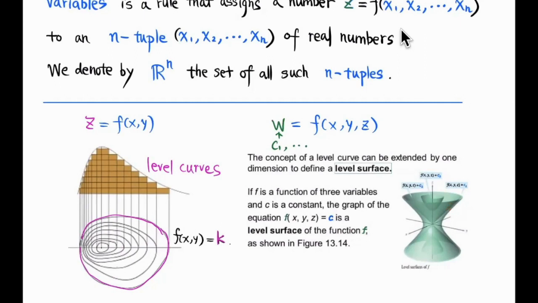Or you can think about the w as the density of some object. x, y, and z are the coordinates of the location of the object in space, and w is the density of the object at that location.